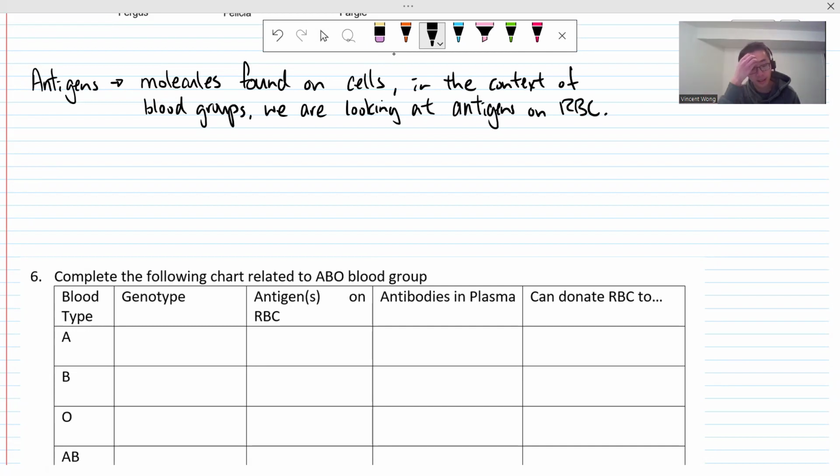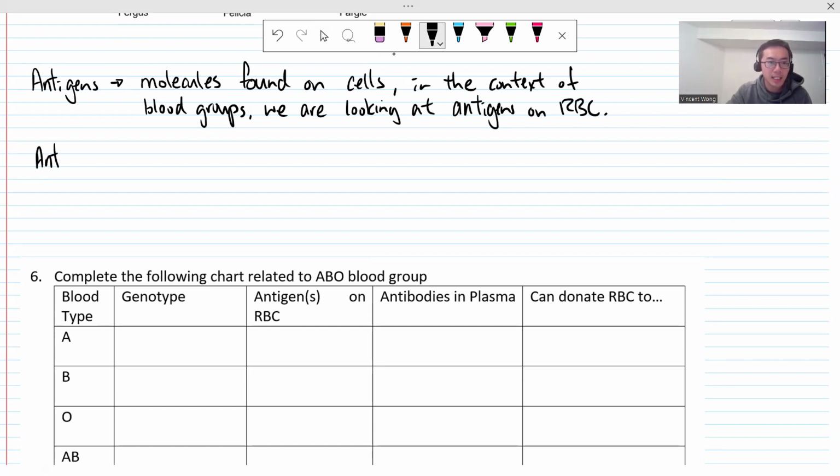Antigens are just molecules on the cell. They are not good, they are not bad, they are just there. All cells have them: your cell, my cell, bacterial cell. When we talk about blood type, blood groups, we are talking specifically about the antigens that are on RBC.